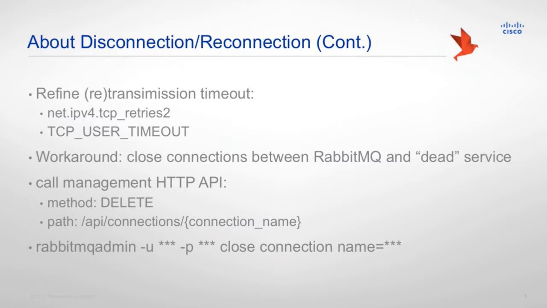So the thing is, for tuning this parameter, it requires a kernel update because the old kernel has some bugs there. Also, if you check the RFC document, it mentions TCP user timeout is only functional locally.